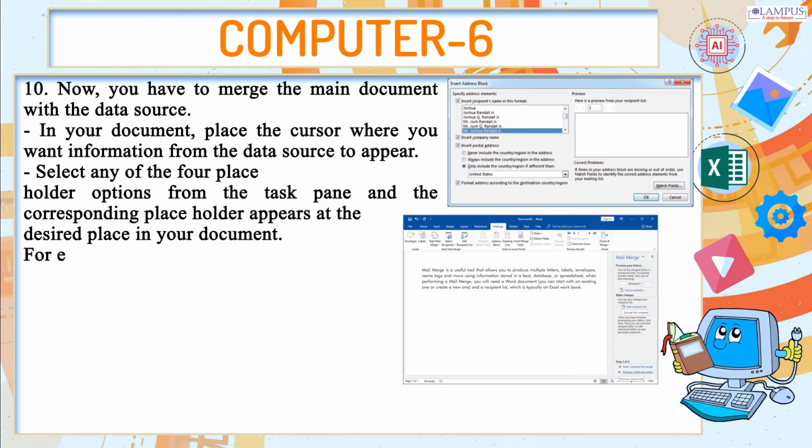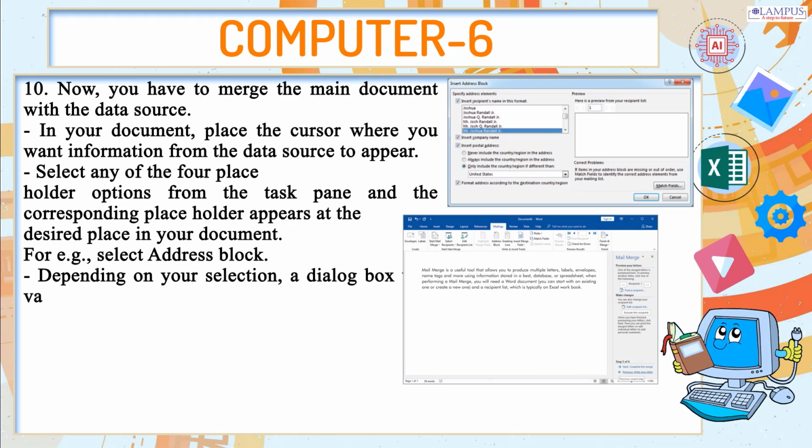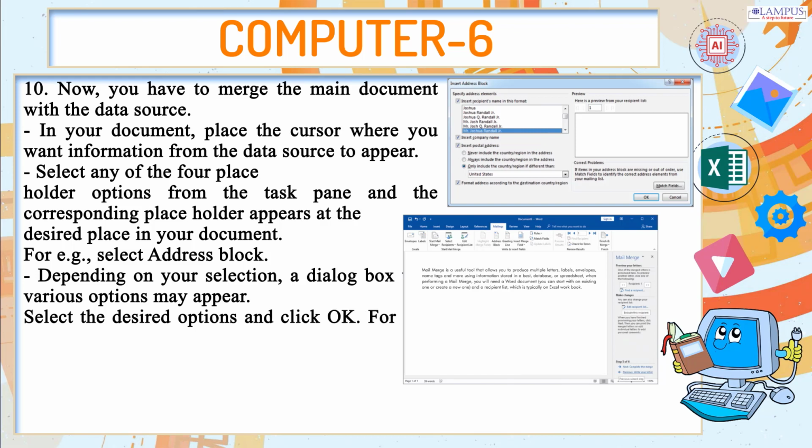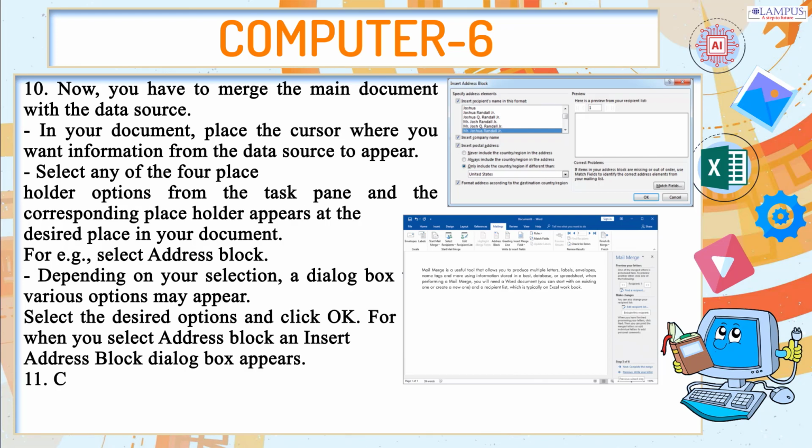For e.g., select Address block. Depending on your selection, a dialog box with various options may appear. Select the desired options and click OK. For e.g., when you select Address block, the Insert Address Block dialog box appears.